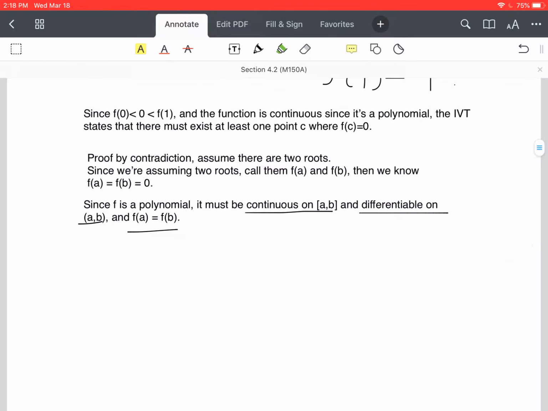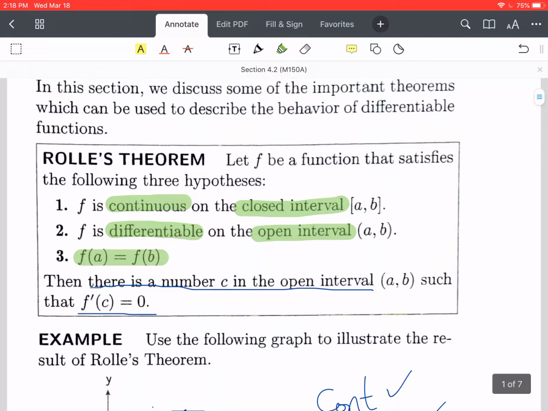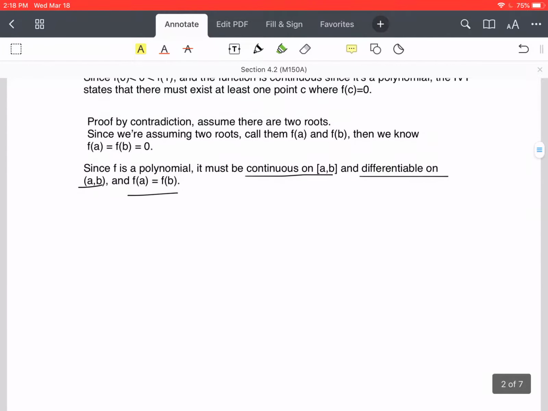By these three conditions, we see that we can use Rolle's theorem, right? Because those are our three conditions here. So Rolle's theorem says there must be some number on this interval where the derivative equals 0.